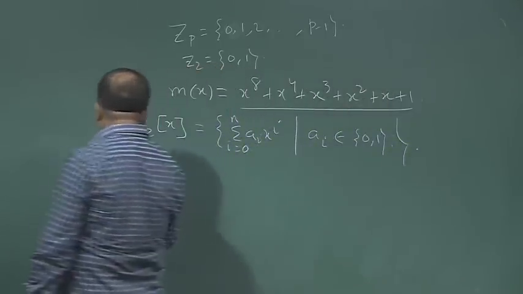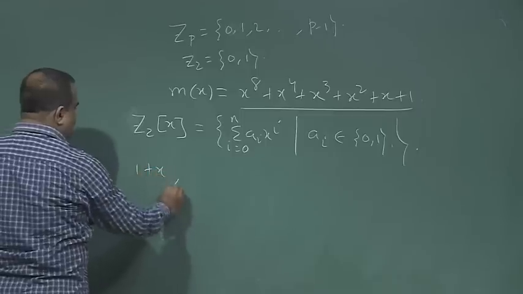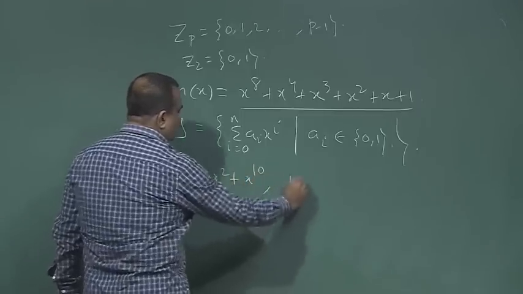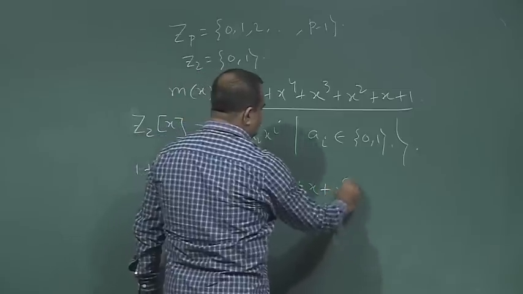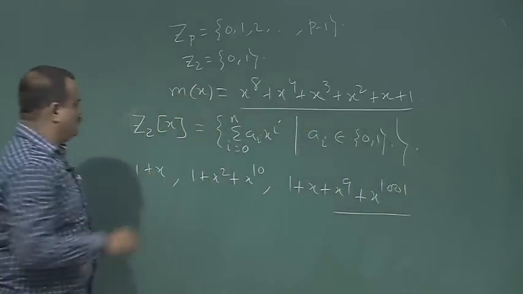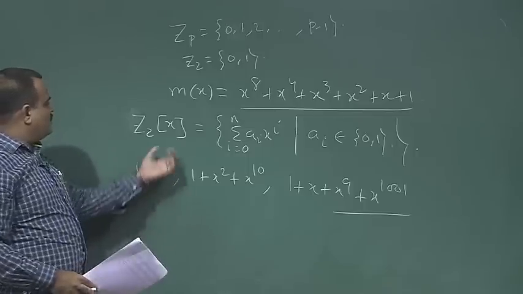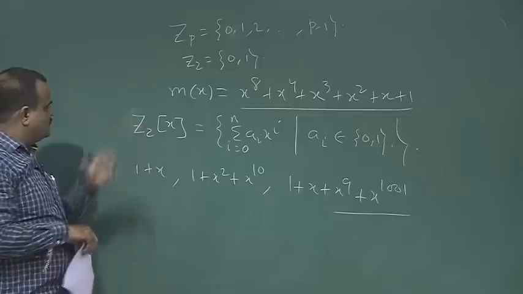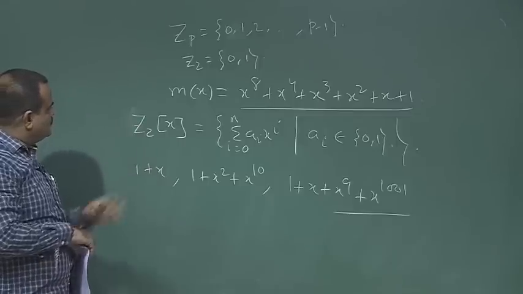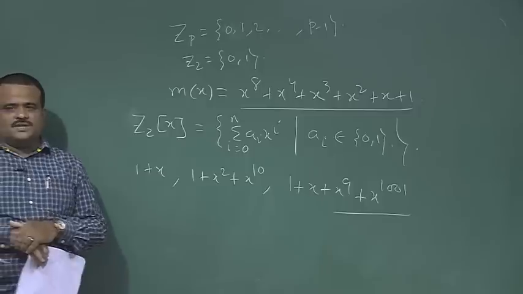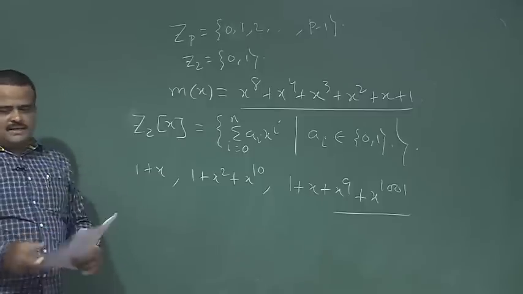For example, 1 plus x, 1 plus x square plus x to the power 10, 1 plus x to the power 9, x to the power 101, any such polynomial, but the coefficients must come from Z_2. That set is denoted by Z_2[x], the set of all polynomials of any degree whose coefficients are binary bits.